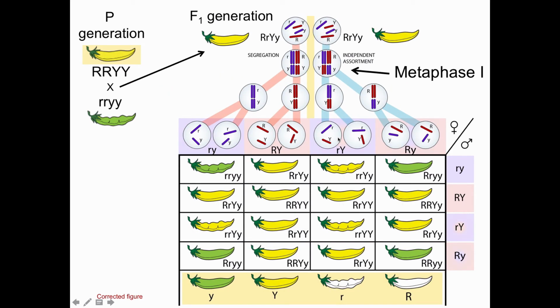So this is kind of how this shook out. This is called a dihybrid cross. And this Punnett square is a lot bigger because you have to give all the possible combinations.